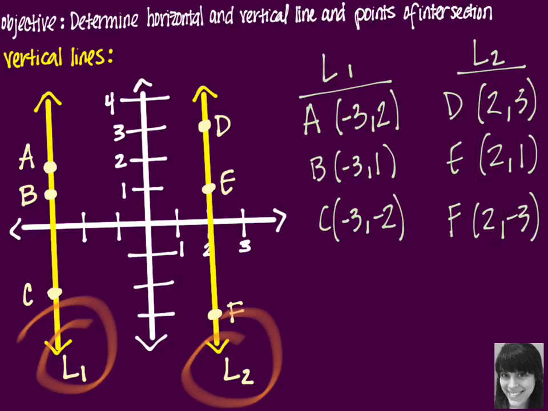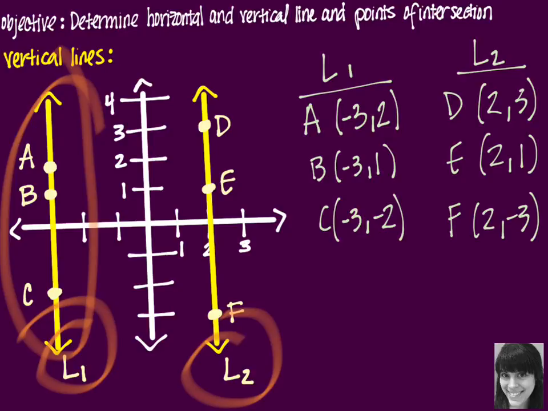Now, if I wanted to make an equation of a line for this, I wouldn't care about what the y values were, right? It makes no difference what the y value is because the x value will always be -3 for line 1. So if I'm looking at line 1, it doesn't matter what the y value is.